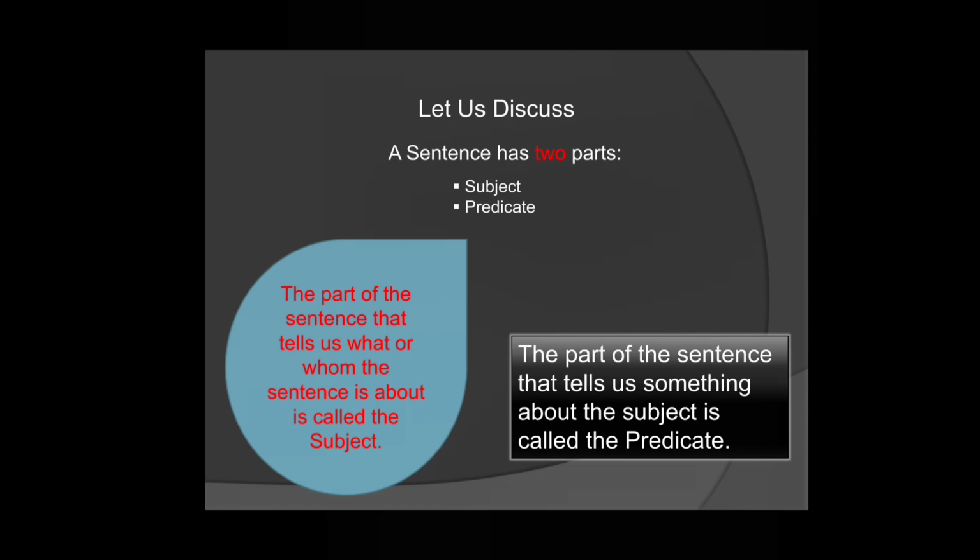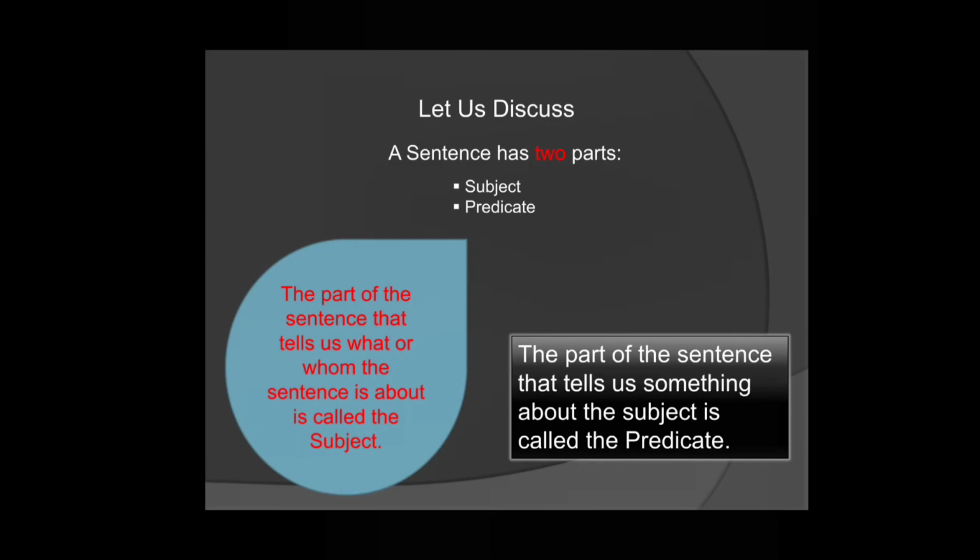Let us discuss. A sentence has 2 parts: subject and predicate. The part of the sentence that tells us what or whom the sentence is about is called the subject. The part of the sentence that tells us something about the subject is called the predicate. Let us discuss that a sentence has 2 parts.